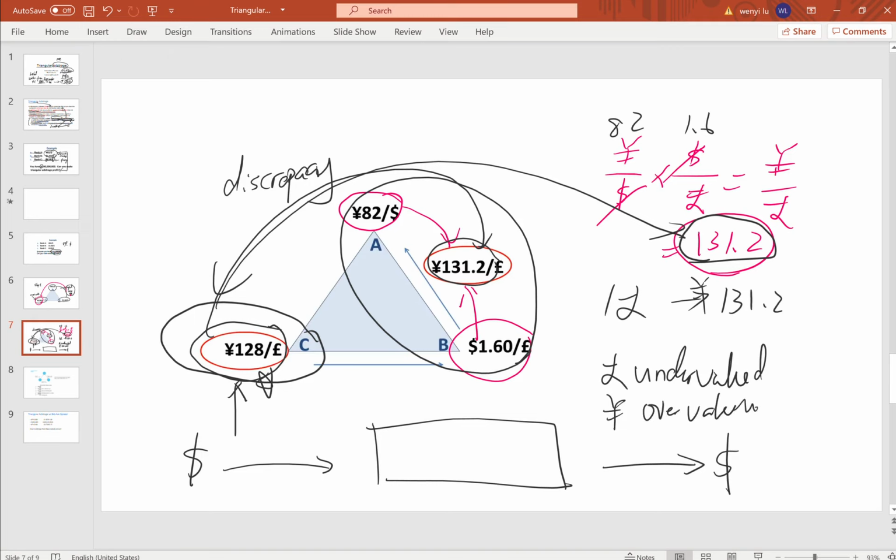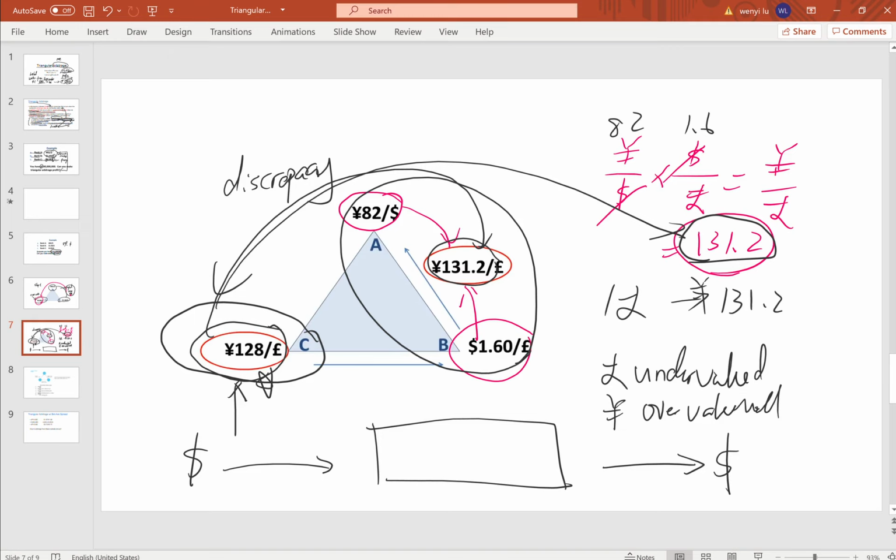So we always what? Sell something overvalued and buy something what? Undervalued. I buy something undervalued. So first we should do what? We should sell something overvalued.